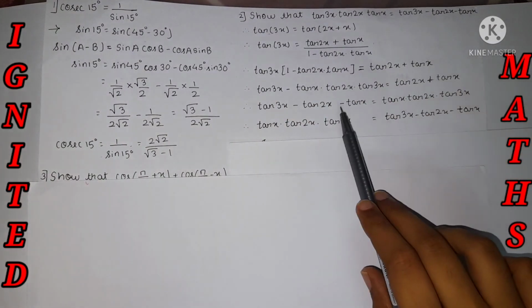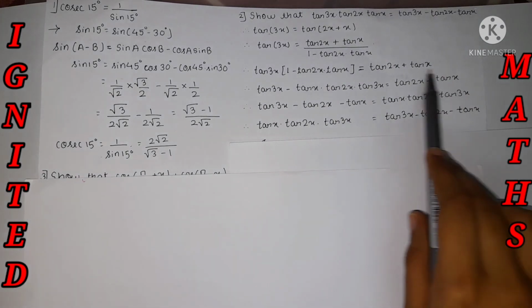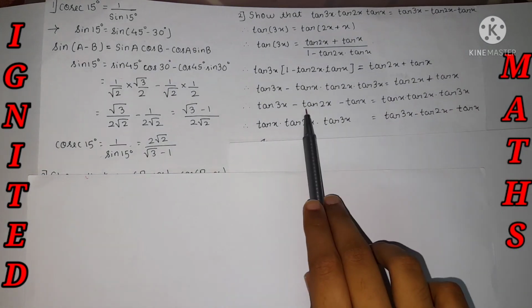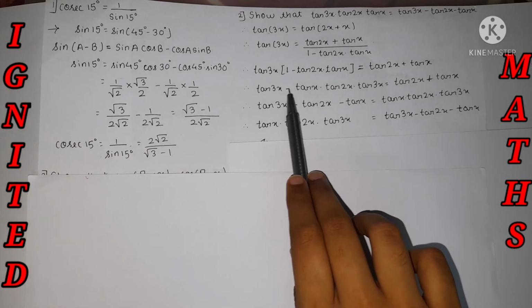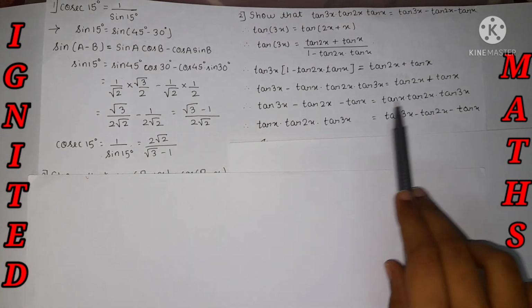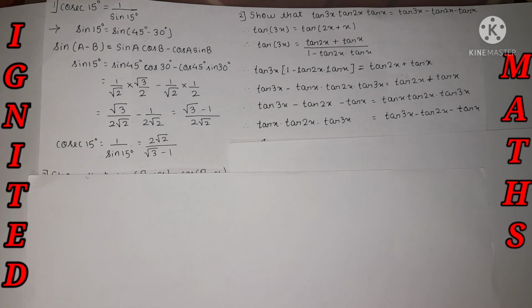We need to show that the actual term comes out: tan 3x over here and tan 2x plus tan x. Take it over here, it comes as minus, and over here minus tan x, tan 2x, tan 3x. Take it over here, positive. This is what we needed to show, and we have shown it without taking the LHS and RHS values. We have just taken the relation.